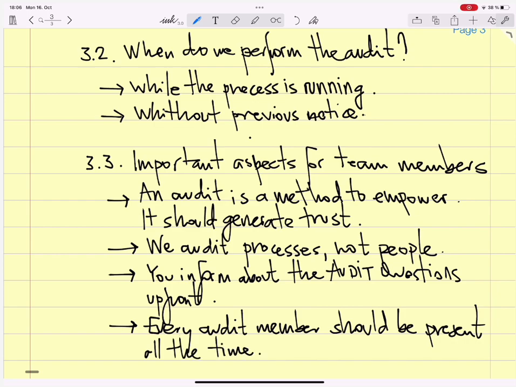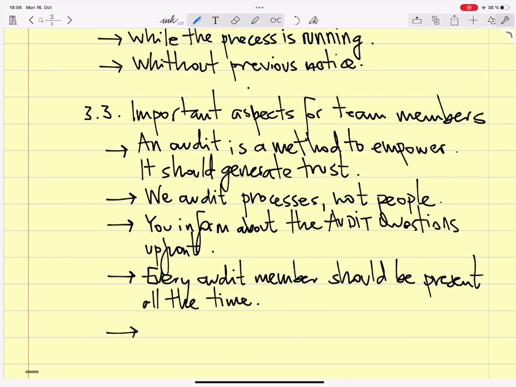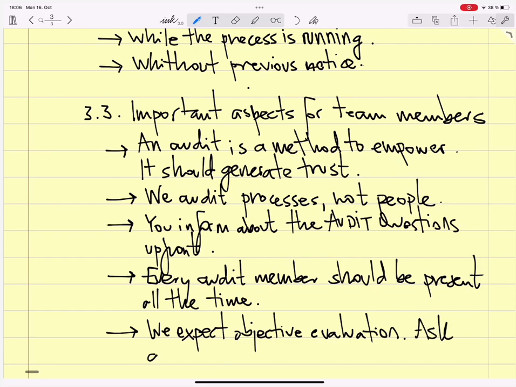Okay? So we expect objective evaluation. So ask always why. If the auditor says, okay, this is just a 5, it's not a 7, ask why. Okay?